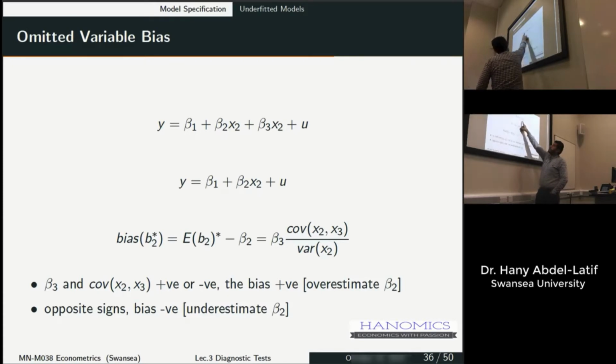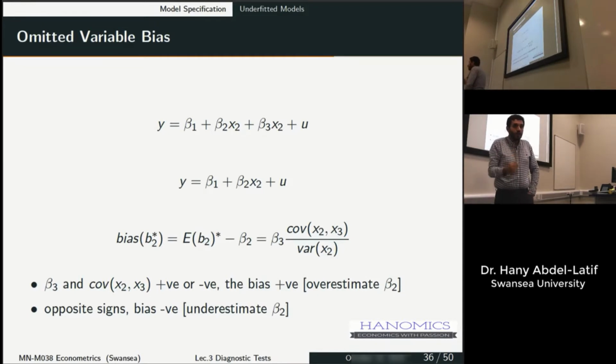But because you dropped an important variable, the estimation of B2 became biased, and by how much? So in the case of omitting or dropping important variables, you are falling into the omitted variable bias problem.